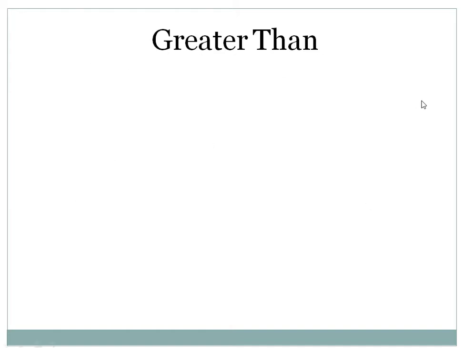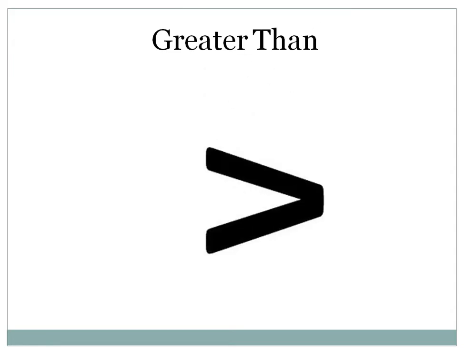The first one we're going to look at is the greater than symbol. Now the greater than symbol is going to be comparing something that's on the left to something on the right. Most times there are numbers, but for the case of what we're doing, it's going to be something else. We're going to use a lot of visuals in this video.